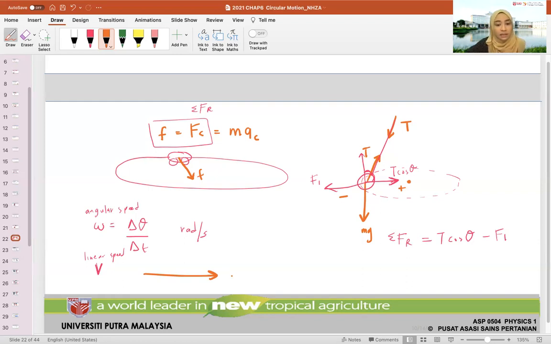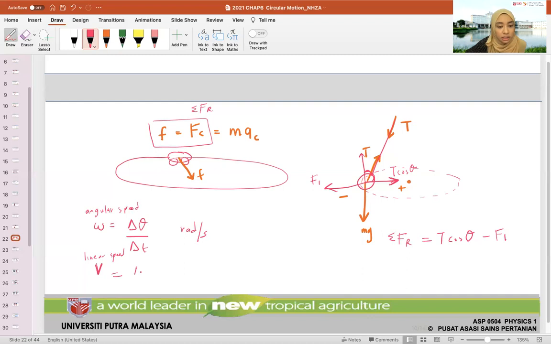So this guy tells us x and y punya speed lah, okay? But for omega, it tells us the rotation, how fast, how many rotations can it make in a time? This guy, how many distance can it cover in some time?